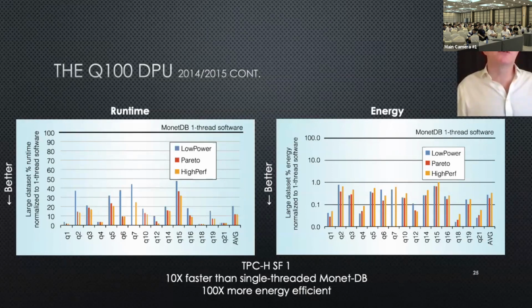So this conclusion suggests that you might want to put in a database accelerator not necessarily to speed up your queries, but just to make them much less energy consuming. And so an accelerator might be a good use of transistor space in order to make common query operations more energy efficient in a large-scale system.